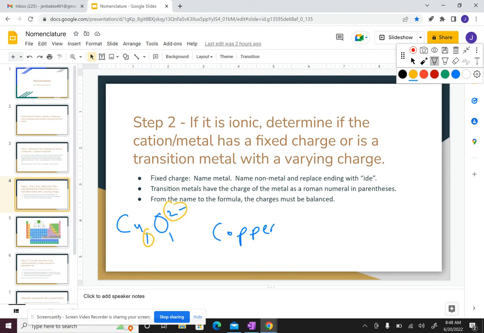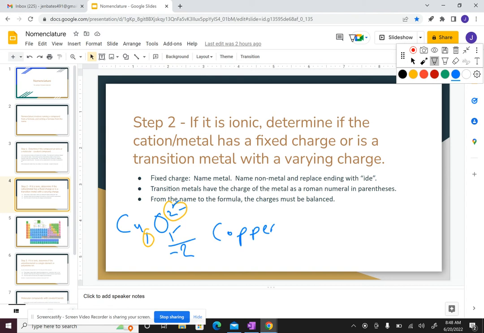So we cannot just do a backwards crisscross for this if the subscript of the metal does not match the charge of the anion, of the nonmetal. So you just need to do a little bit of detective work, and you need to ask yourself, what will balance out these charges? 2 times 1, we have a total of a -2 for a charge on the nonmetal side.